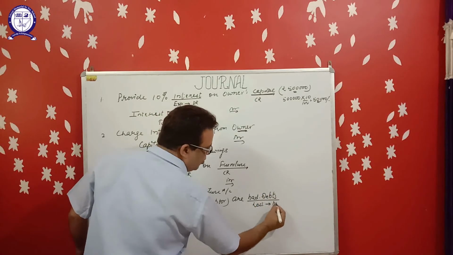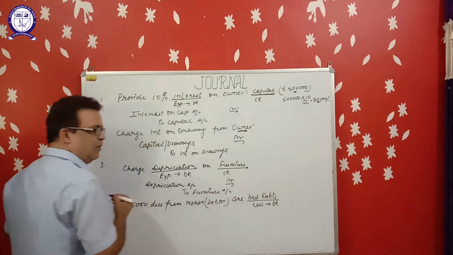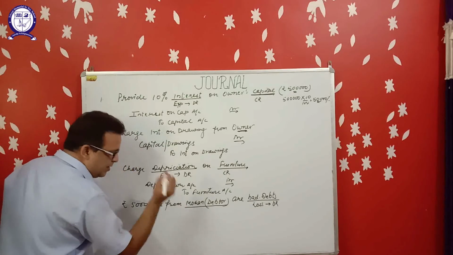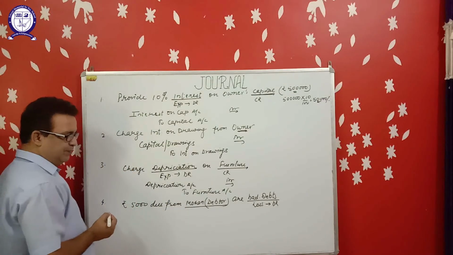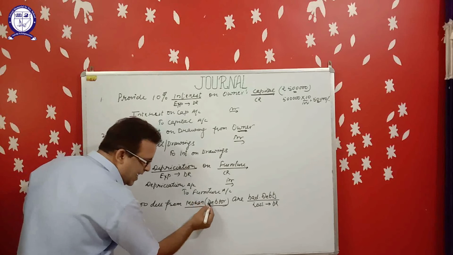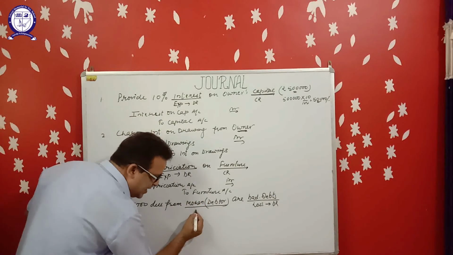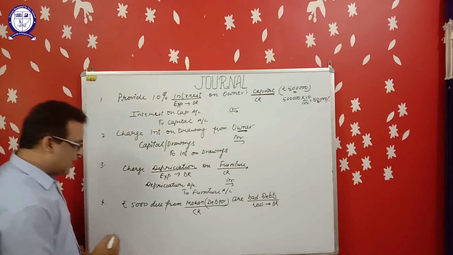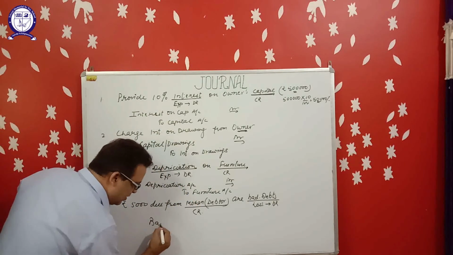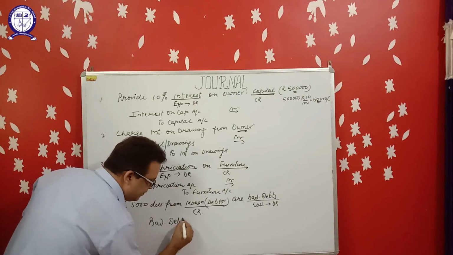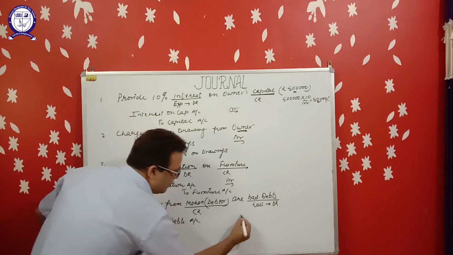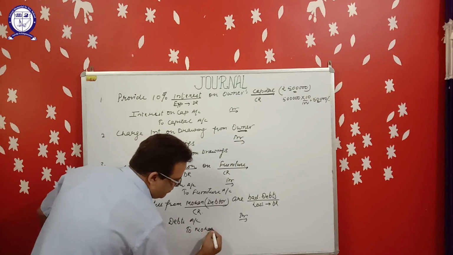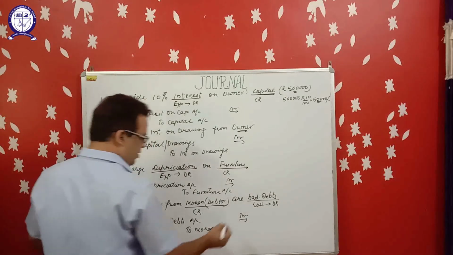And every loss, you know, when it increases, it will be debited. On the other hand, the second account affected is Mohan. Mohan is an asset here. Assets are decreasing. That's why this account will be credited. The journal entry will be bad debts account debit to Mohan, rupees 5,000.